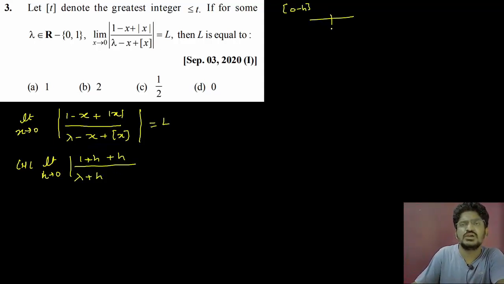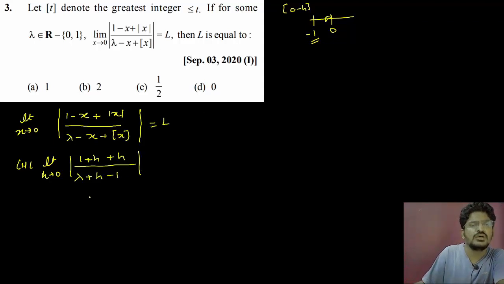Since 0 minus h lies between 0 and minus 1, the greatest integer of 0 minus h will be minus 1.